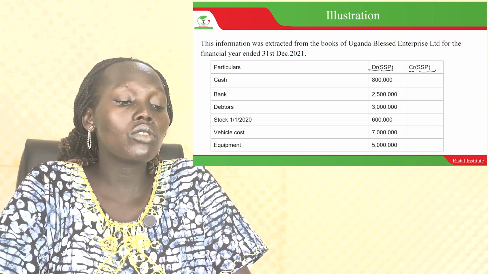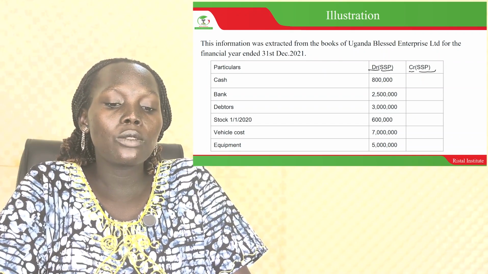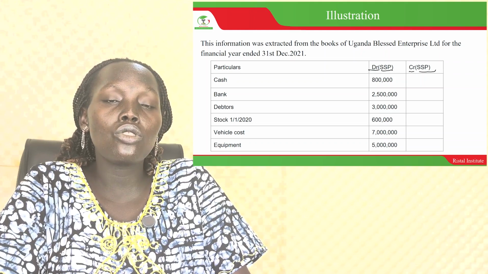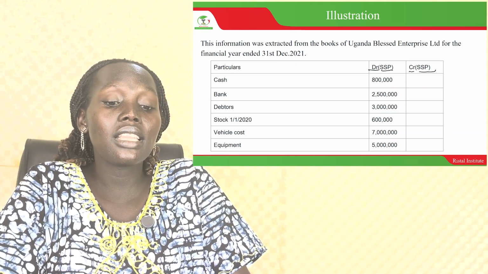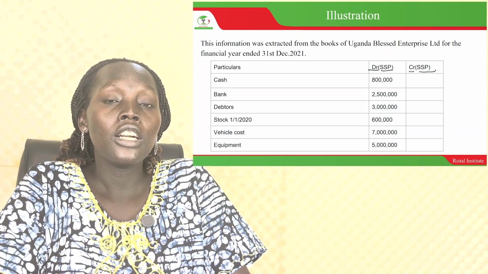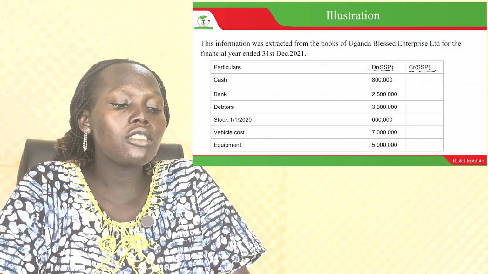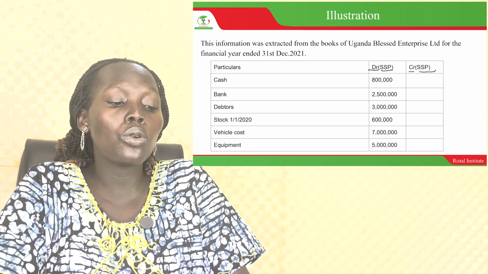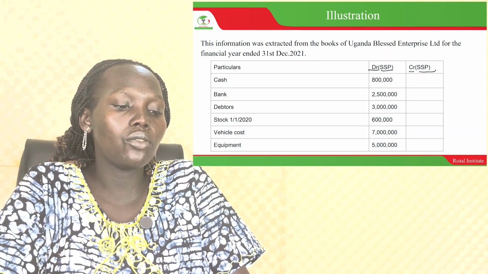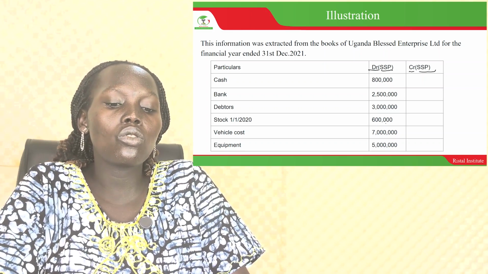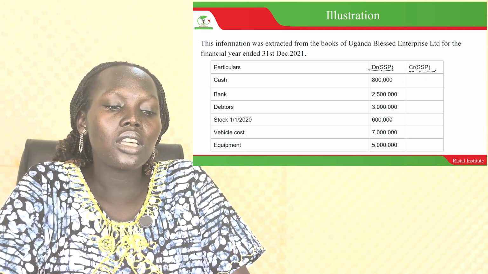They have given us cash as 800,000 SSP, and then bank as 2,500,000 SSP, and then debtors as 3 million. As stock, they've said 1st of January 2020, we have the stock of 600,000.